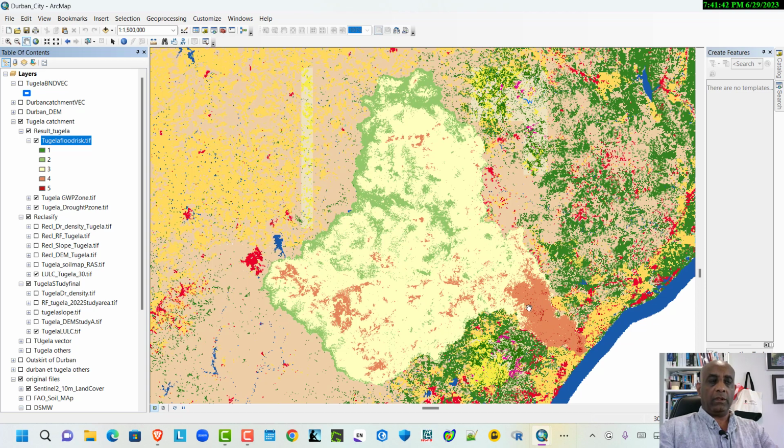So what is the remedy, the prevention? The prevention method is most of the time while people, urban planners plan, they have to consider these high flood risk zones should be avoided.